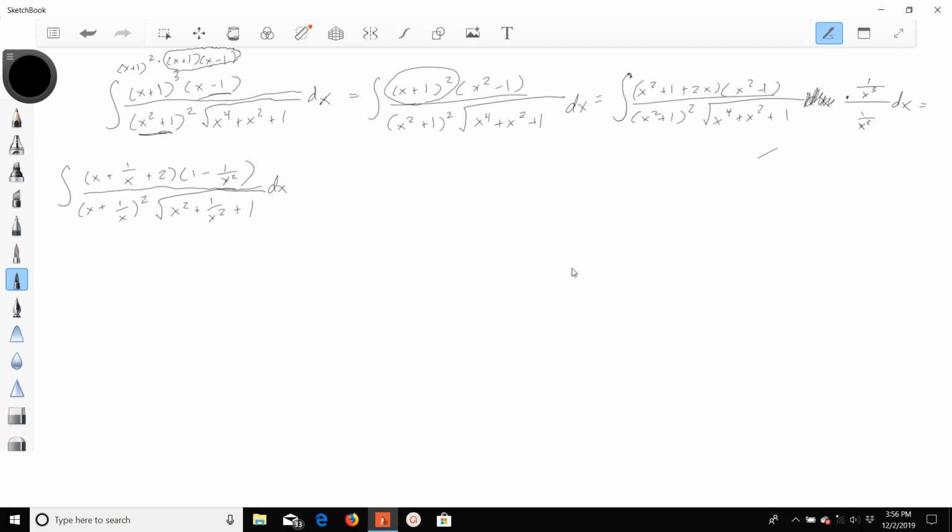Now, why did I do that? Because now look, I get the integral of x plus 1 over x plus 2 times 1 minus 1 over x squared times x plus 1 over x squared times x plus 1 over x squared minus 1.